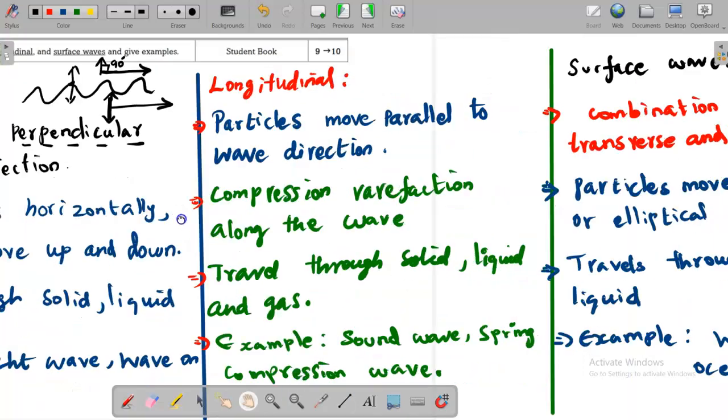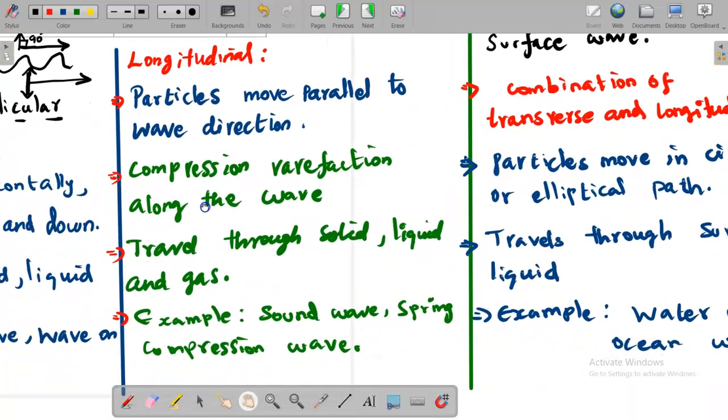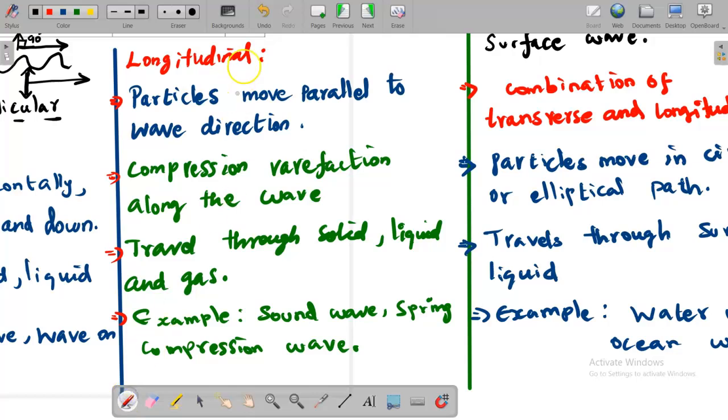Now we discuss the longitudinal wave. Particles move parallel to wave direction. Now you have a spring, and if you want to make a longitudinal wave, you move the spring forward and backward, and the particles move forward and backward from the mean position, and the direction of the wave is moving forward.